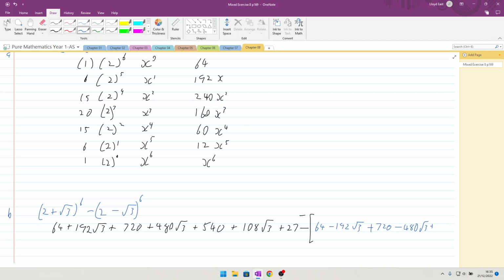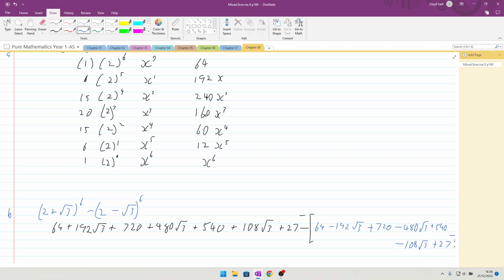And then we should be on a plus 540. And then a minus 108 square root 3. And then a plus 27. Okay, so just alternating down plus, minus, plus, minus, plus, minus, plus.